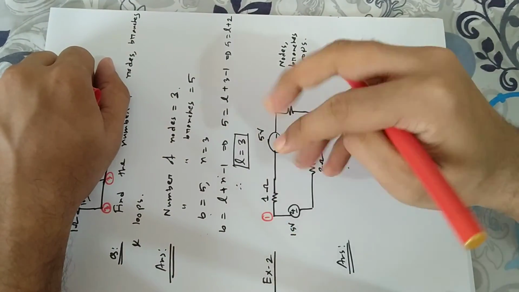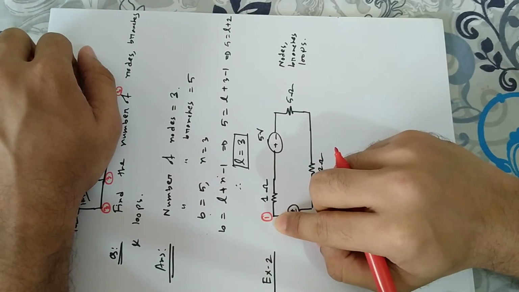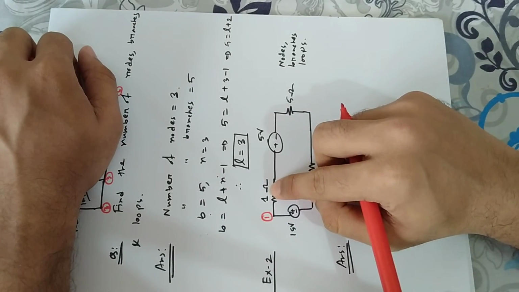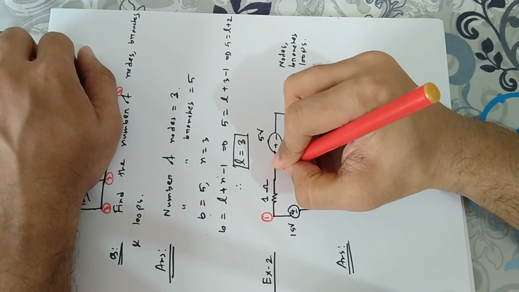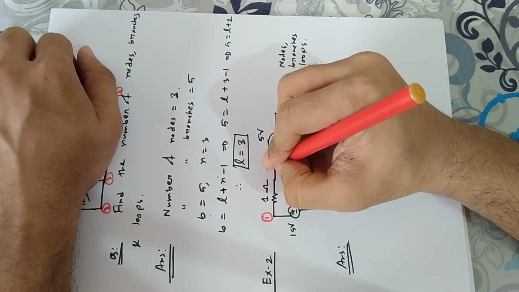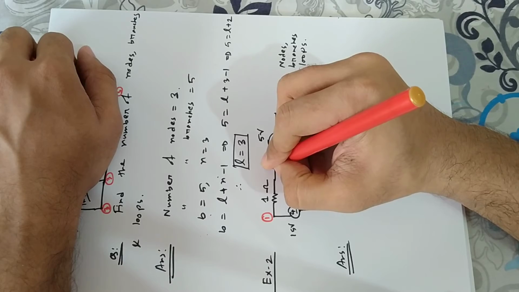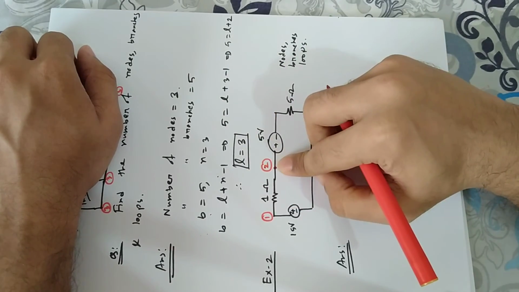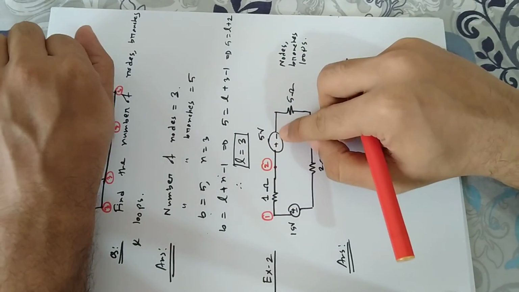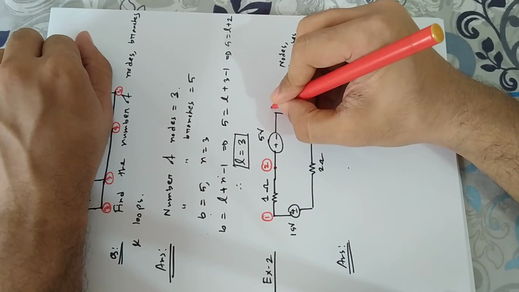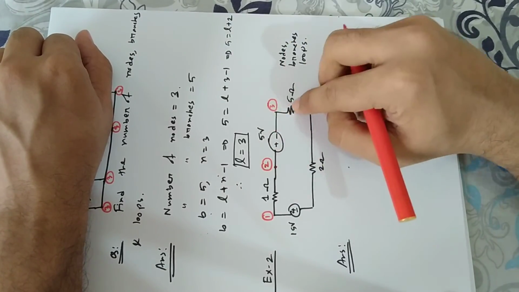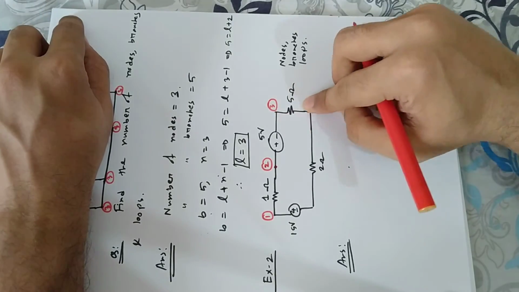See, this is node 1, because the 1 ohm resistor and 15 volt source are connected at this point. This point is also a node. We can name the node as 2 because the 1 ohm resistor and 5 volt source are connected at this point. This is our node number 3 because the 5 volt source and 5 ohm resistor are connected at this point.